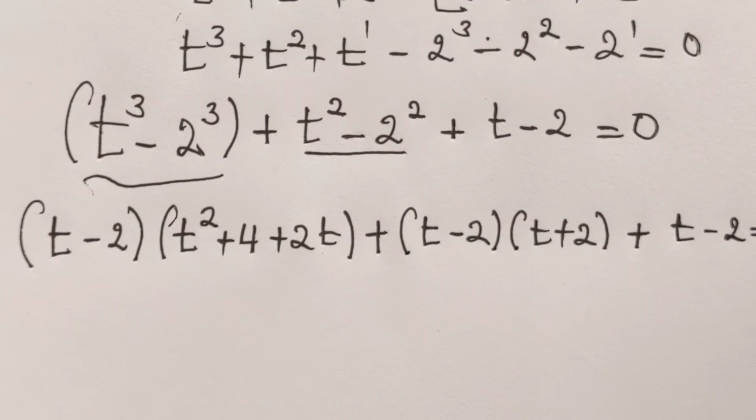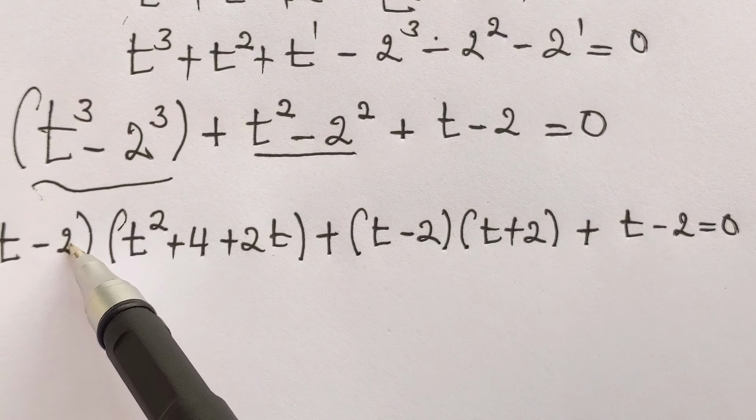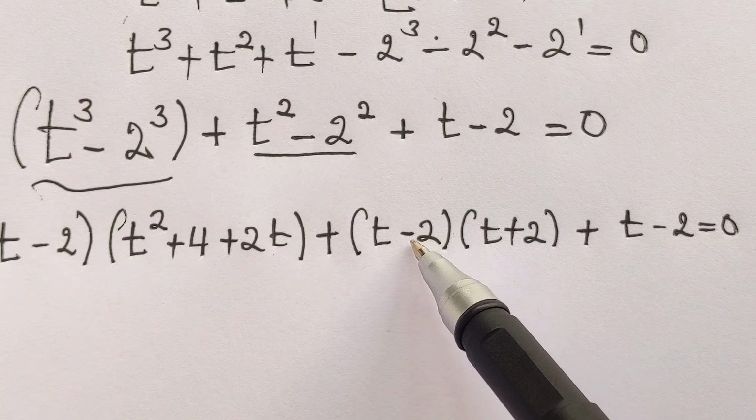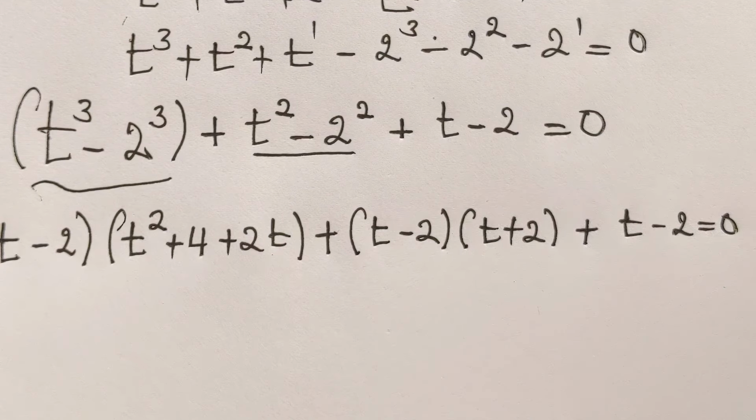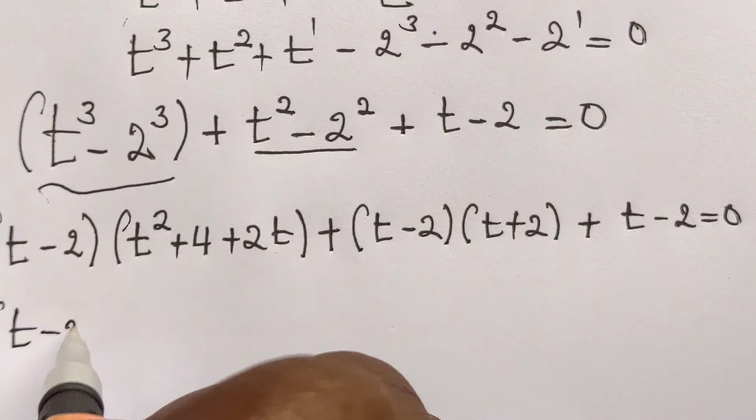Okay, at this stage we have t minus 2 in each term. We can factorize to get t minus 2.